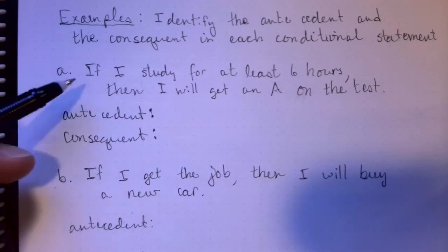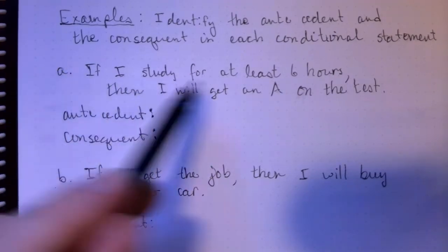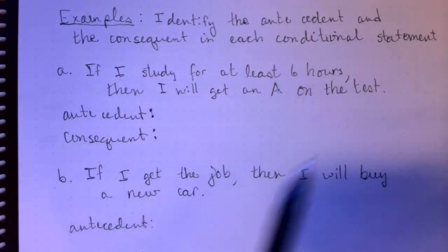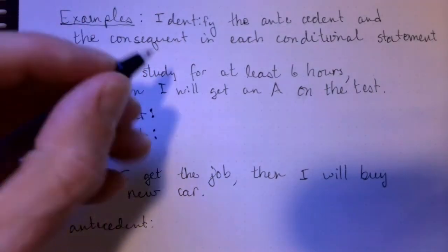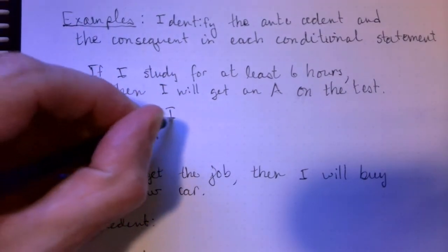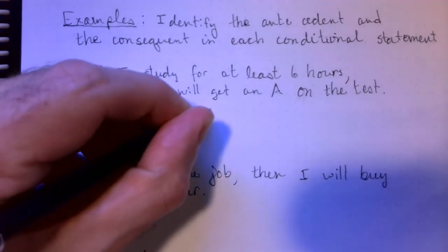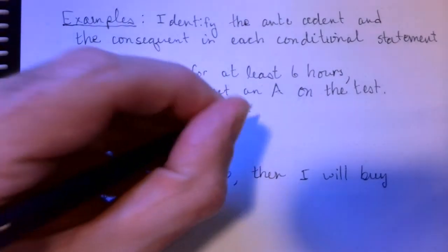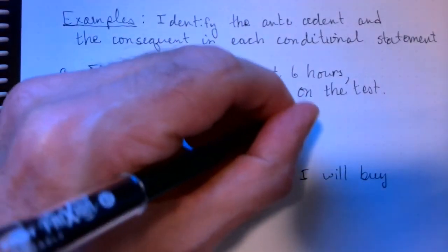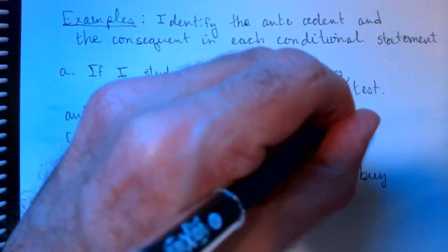Okay, so here's a conditional statement. If I study for at least 6 hours, then I will get an A on the test. Here's the antecedent: I study for at least 6 hours.